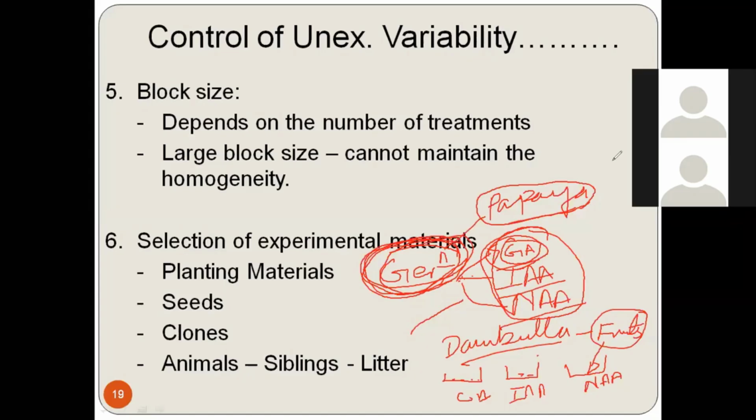Our objective is to determine the germination percentage of papaya using these 3 available hormones: gibberellic acid, indole acetic acid, naphthalene acetic acid. My question is whether our procedure is a good one. If it is a good one, no problem. If you say it is a bad one, how can we correct it?